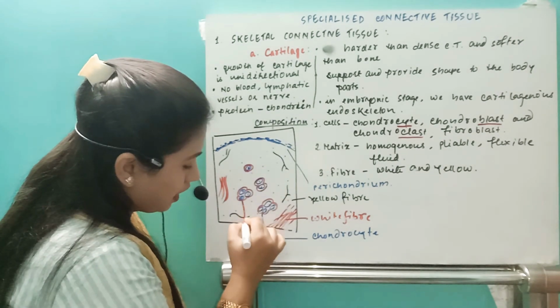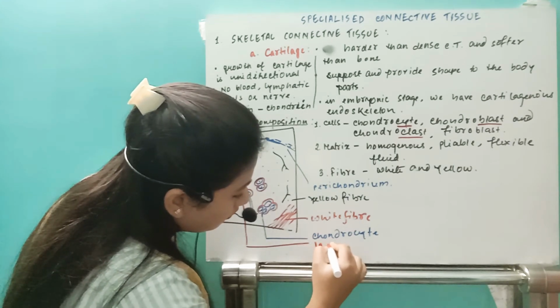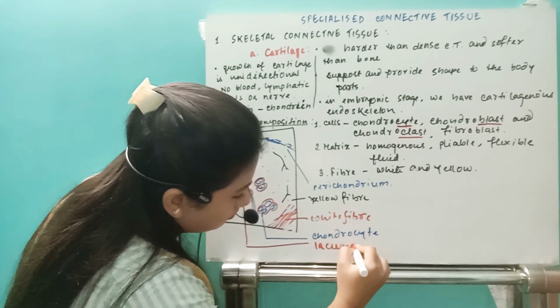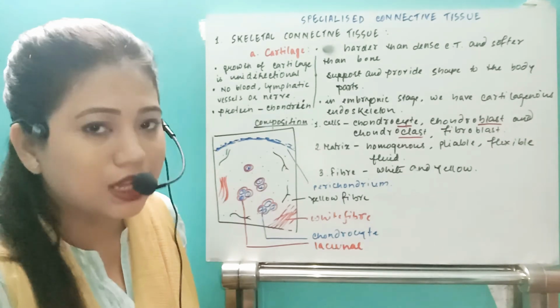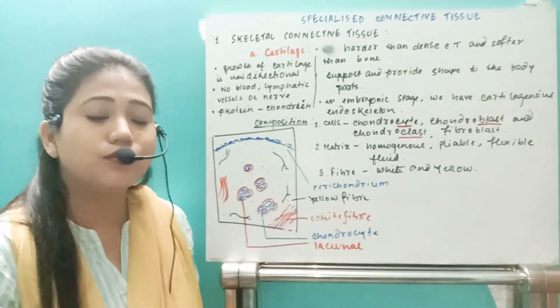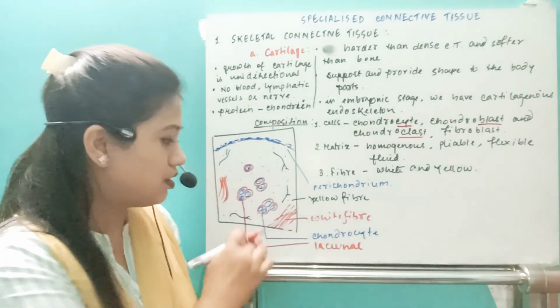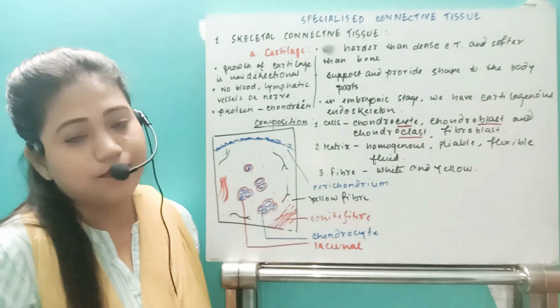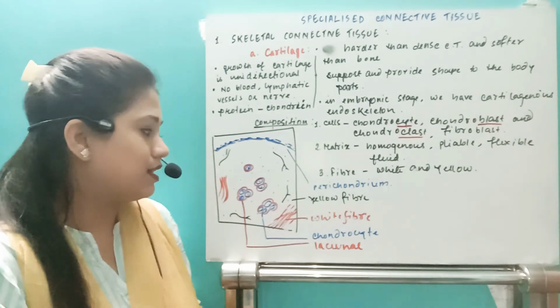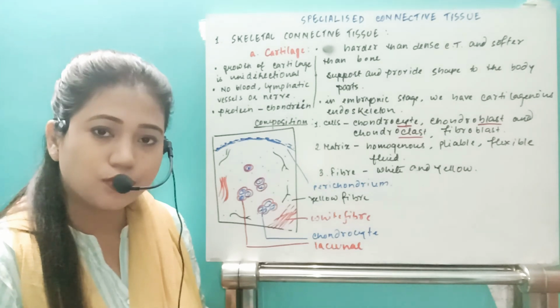That fluid filled cavity is known as the lacuna, or lacunae in plural, which encloses the chondrocyte.